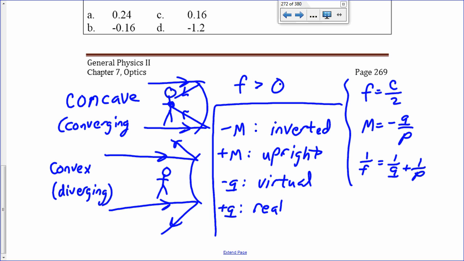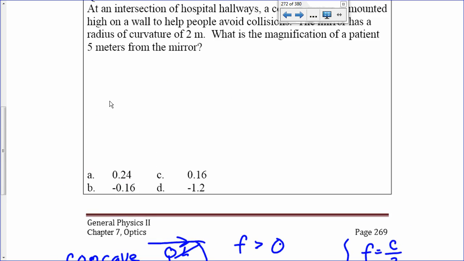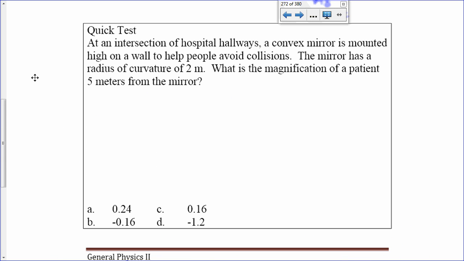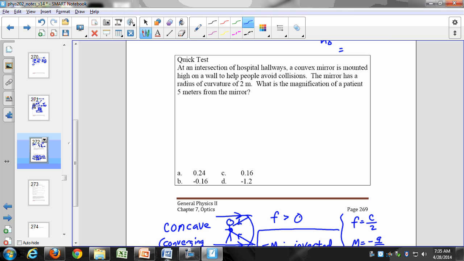Let's try this clicker question now. All this is in your notes, should be, but it's been a while. So let's try this. We have a convex mirror mounted high on a wall to help people avoid collisions. It's like in a hospital, right? They have those big convex mirrors, like a security mirror. It has a radius of curvature of 2 meters. What is the magnification of a patient 5 meters from the mirror?